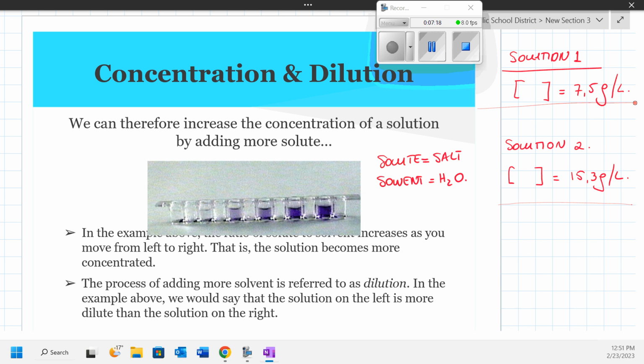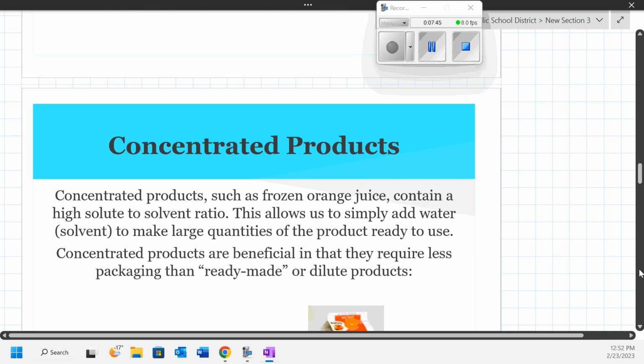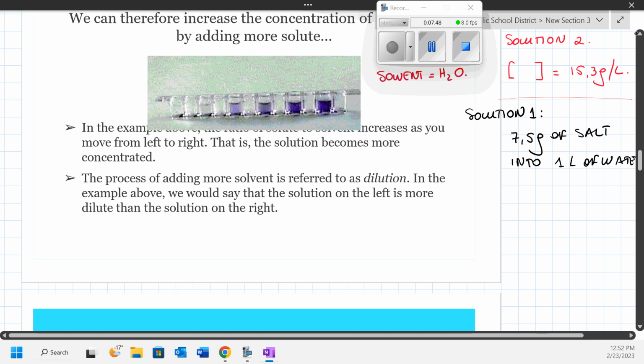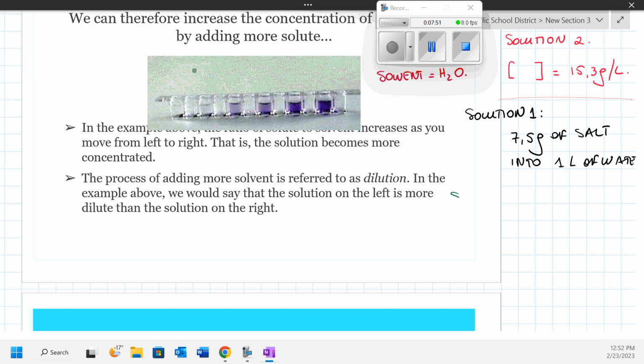So for solution 1, what we can say is that we have 7.5 grams of salt dissolved into 1 liter of water, versus what we have in solution 2, which is 15.3 grams of salt, whatever is the solute.